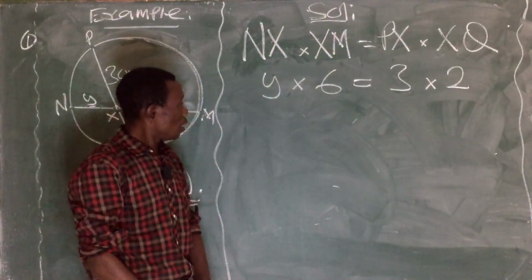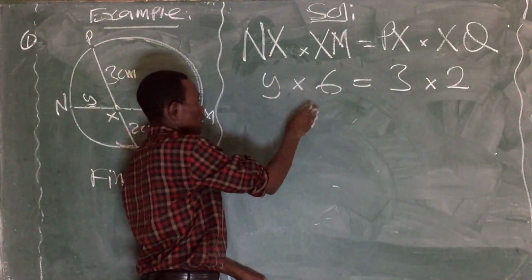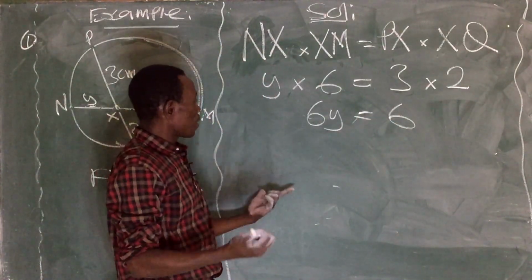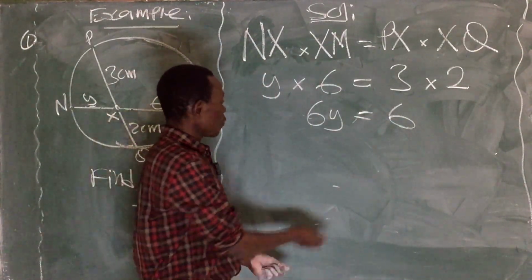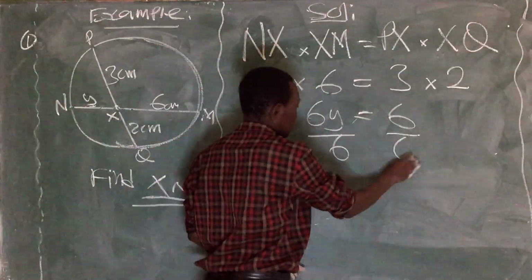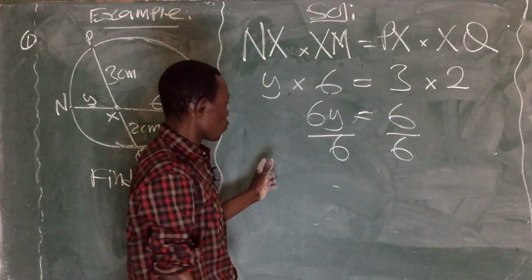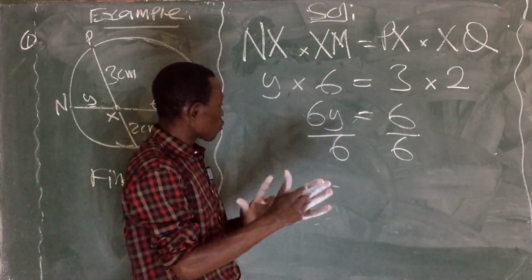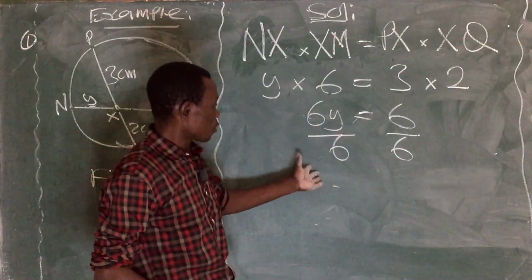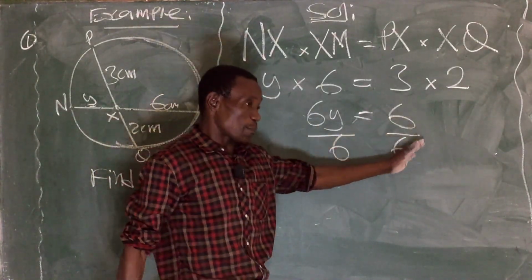Look at that. So what do you have then? This by this gives us 6Y on one side, and 6 on the other. If I'm to find the value of Y, we divide both sides by the coefficient of Y, which is 6. In order not to violate the principles of the equation, you divide by 6 and also divide by 6.